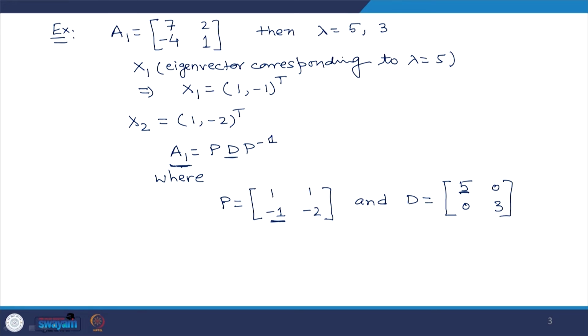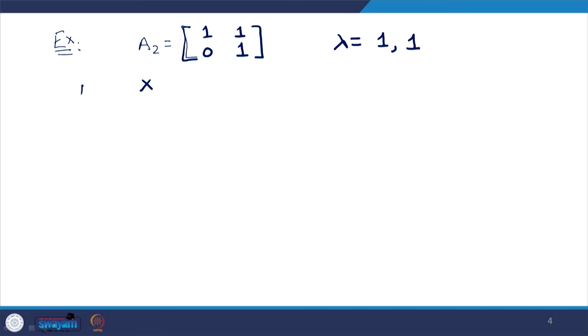However, consider another matrix. Let me take a matrix A2 which is given by 1, 1, 0, 1. Now, it is an upper triangular matrix, so obviously the eigenvalues are lambda equals 1 and 1. Now, for the eigenvector corresponding to lambda equals 1, I can write (A minus lambda I) x equals 0, where lambda is 1 here.